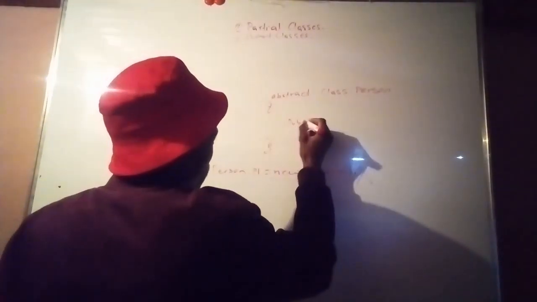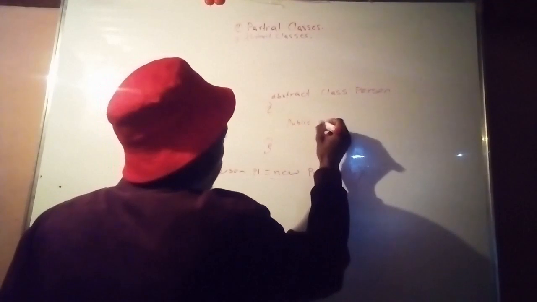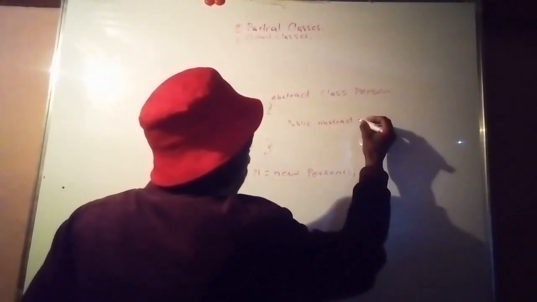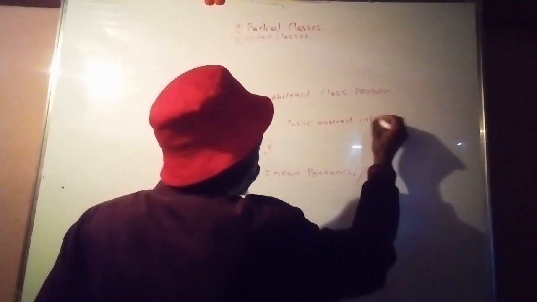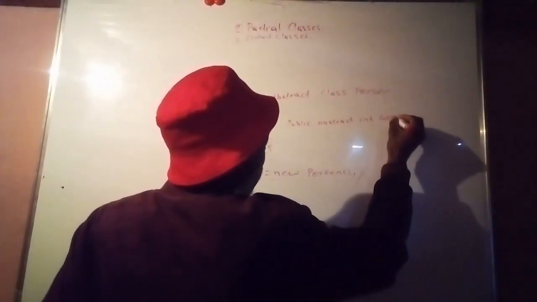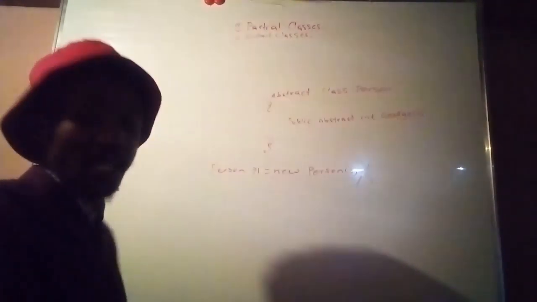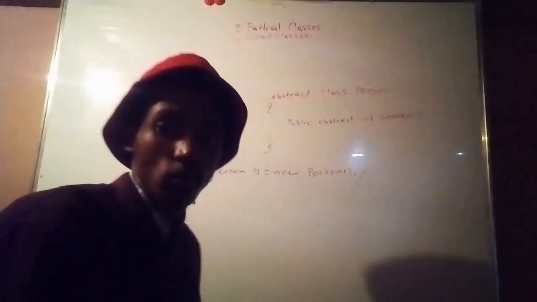So within an abstract class, you're going to have something like this: public abstract. You use the abstract keyword to define abstract types. And then we say int get age, and then you leave it like that. You don't provide an implementation.